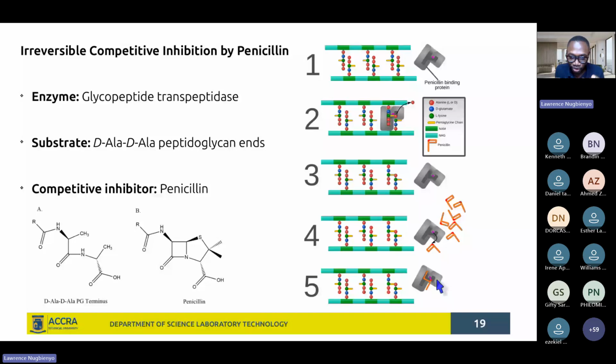The peptidoglycan, the alanine terminus, which should bind in the penicillin molecule, will no longer be able to bind in there. It's some form we refer to as suicide inhibitors. So they come in, they are not active, then they begin to interact with the enzyme, then they become active and block the activity of the enzyme.